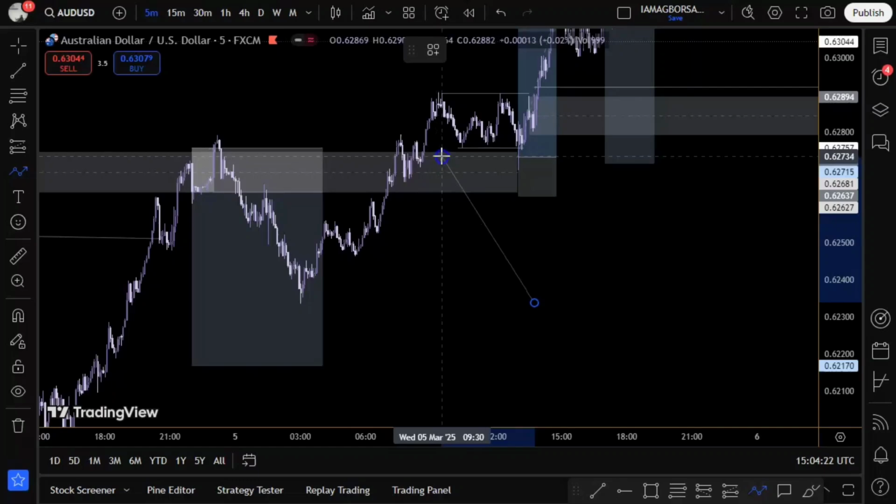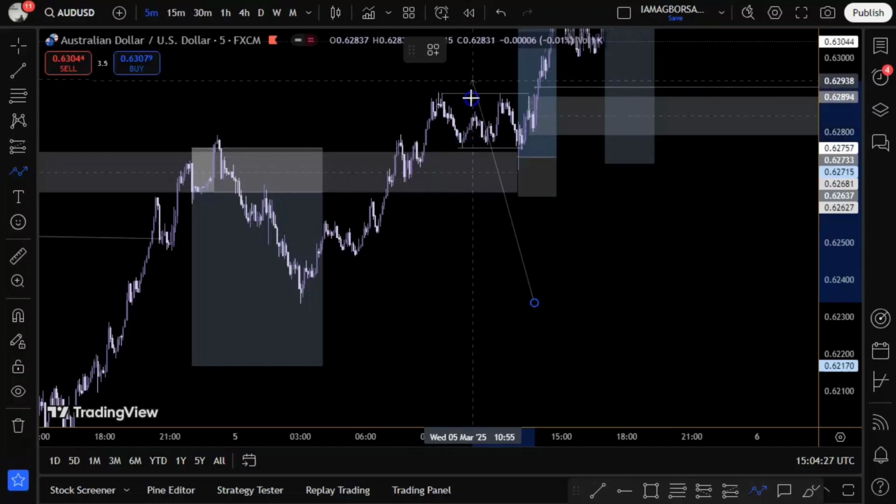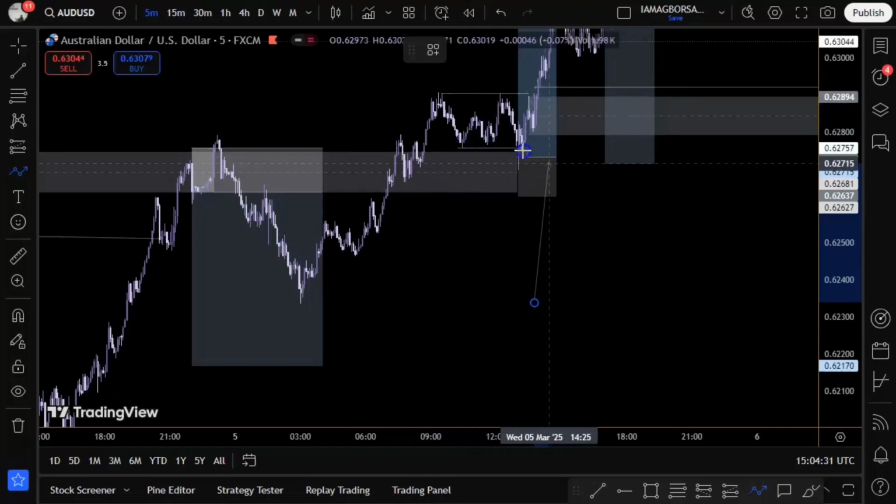After we saw this accumulation building up, we knew the manipulation would be coming back to that reverse order block. Then we were able to catch the manipulation, leading us towards the distribution to the upside.